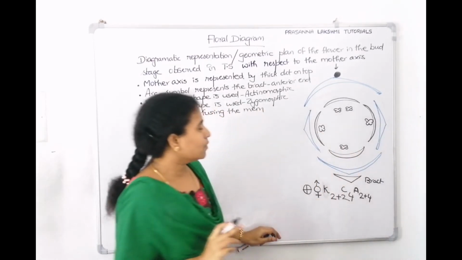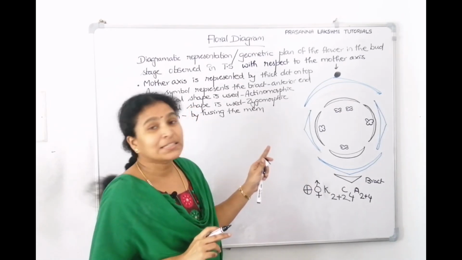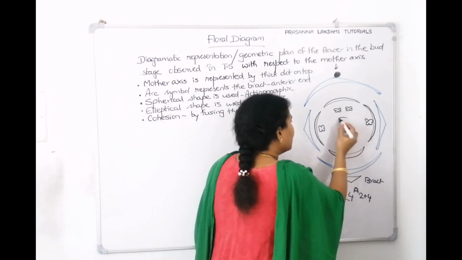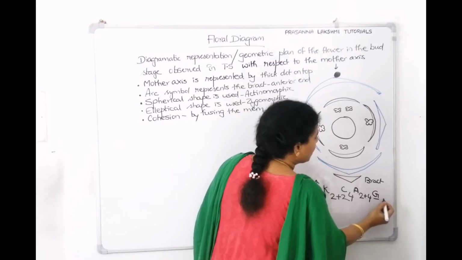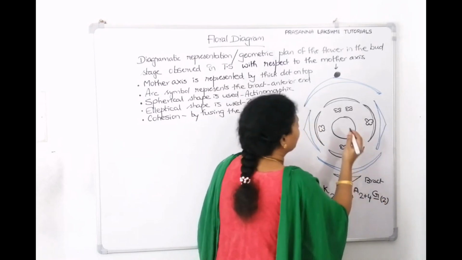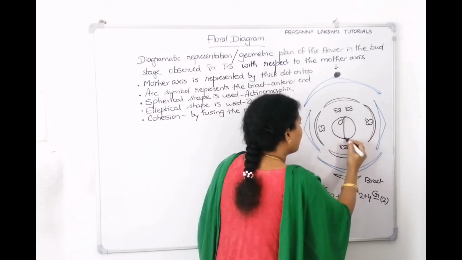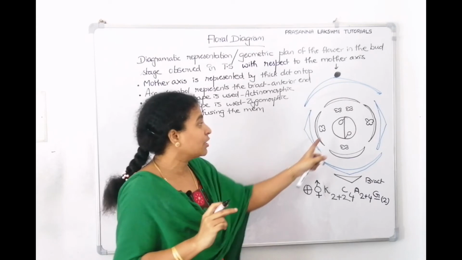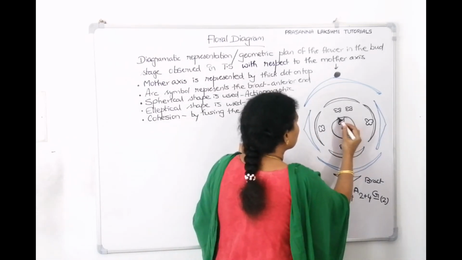What is this called? A 2 plus 4. We are showing that. And we can see it is dithecous because 2 lobes are there. Then coming to gynoecium, it is bicarpellary. So superior ovary. G, superior bicarpellary syncarpous. So this is a gynoecium. And in the floral formula we cannot derive the placentation, but in the floral diagram we can see the placentation. It is parietal placentation. So parietal placentation also we can see here.